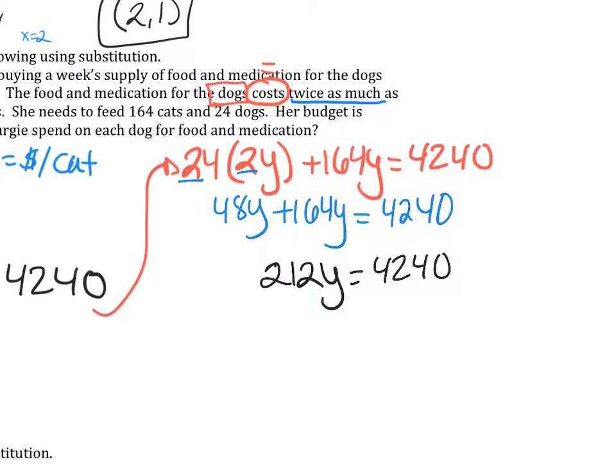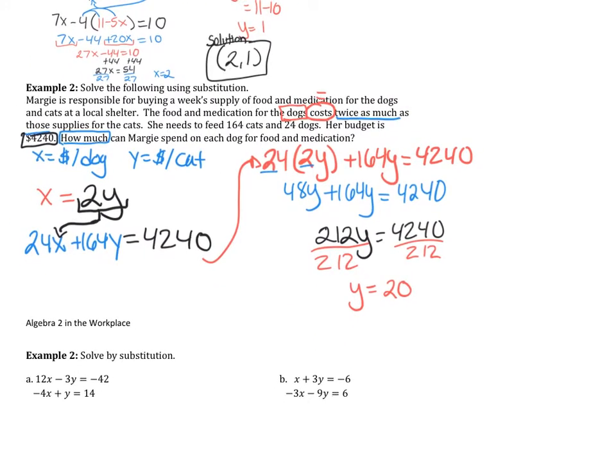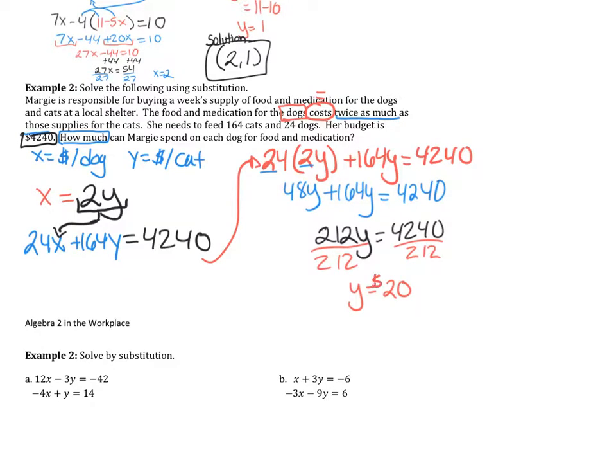To get y by itself, we divide by 212. 4,240 divided by 212 would give you 20. And what is y representing? Y is the cost per cat, so $20 per cat.